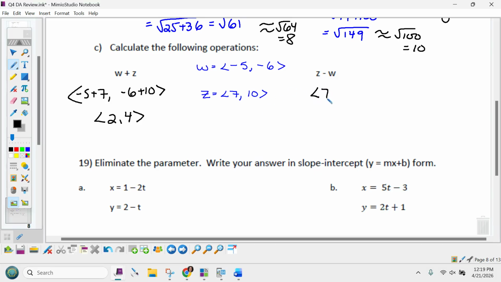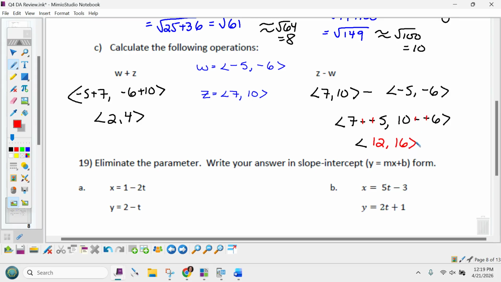Z minus W. So the order with subtraction matters, so let me rewrite this. So the x component would be 7 minus negative 5, and the y component 10 minus negative 6. So that's really minus a negative is like adding. So we get 12, 16.